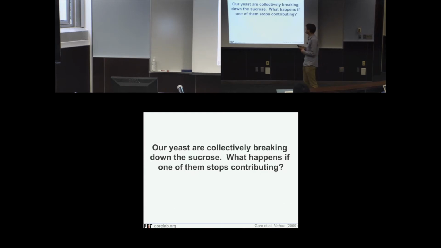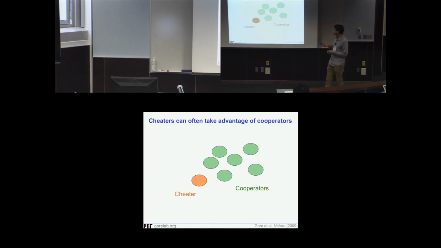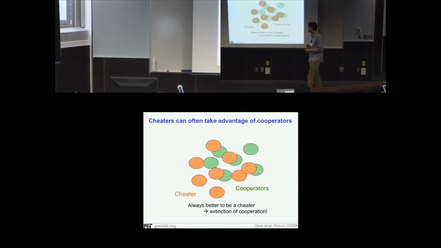Now we have this population of yeast, all happily growing on sucrose. What happens if one of them stops making that enzyme? Well, if all of that sugar, the public good, is shared among the population, that sugar should spread throughout the population, and the cheater should have an advantage at any fraction of cooperator or cheater, right? In that case, it's always better to be a cheater and it leads to the extinction of cooperation.